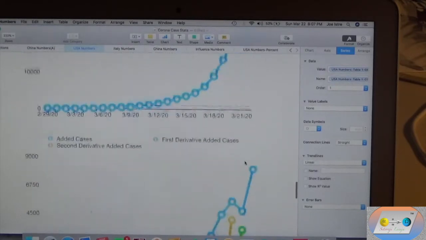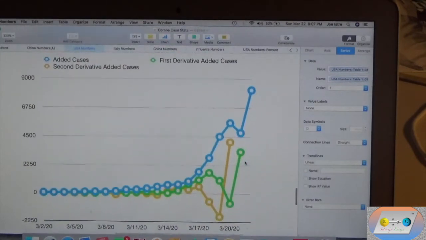All right. So here's all of them together. The added cases in blue, the first derivative of added cases, and the second derivative of added cases here. So you see, again, minus the final point, things are taking a dive bomb here. They're coming down.